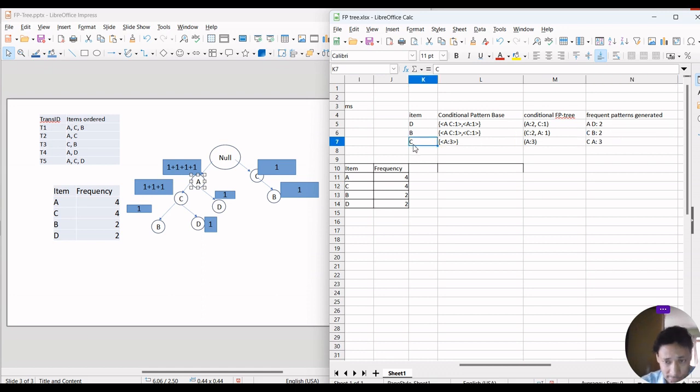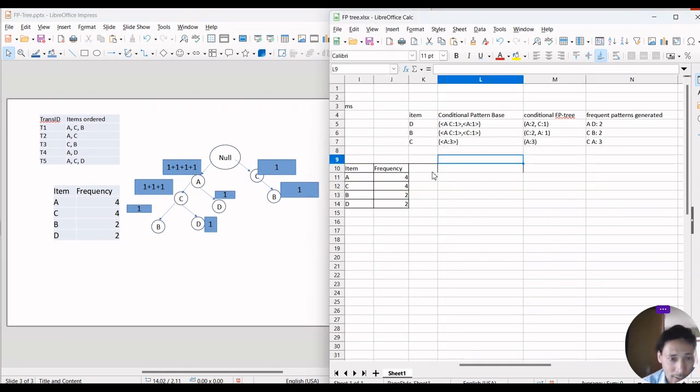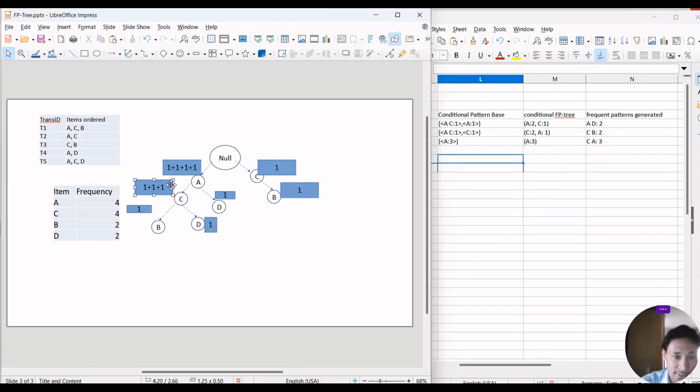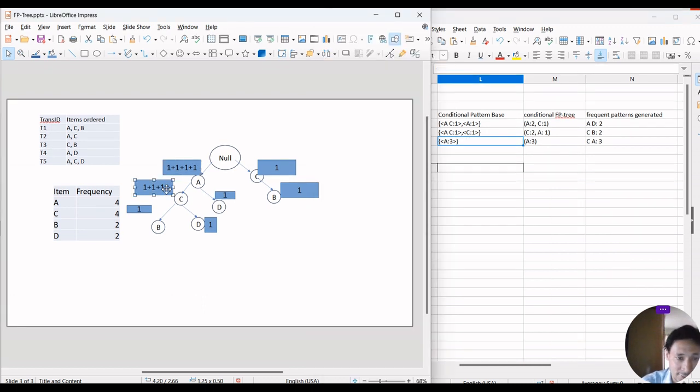Similarly in the case of C, we can reach C via A only, from this path, A, C. But how many times can we reach C via A? That is 3 times, C 3, but A occurred 4. So the branch we use to reach C is AC, and that branch is repeated 3 times. You can see the count of C is 3.